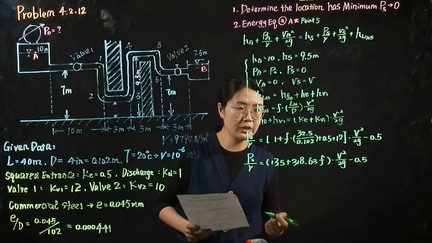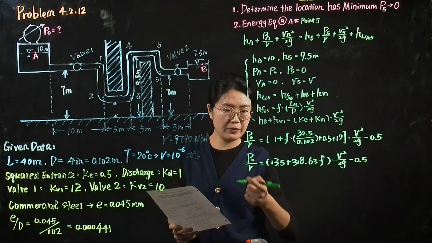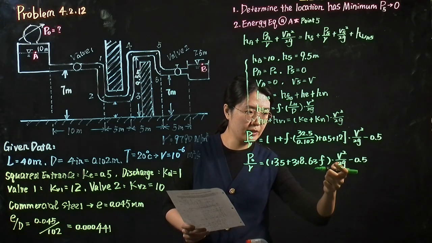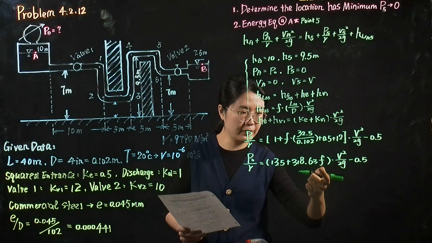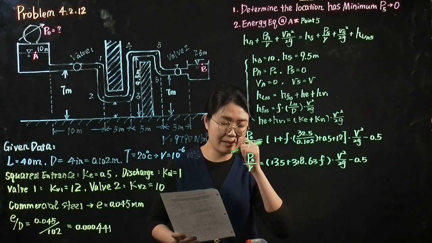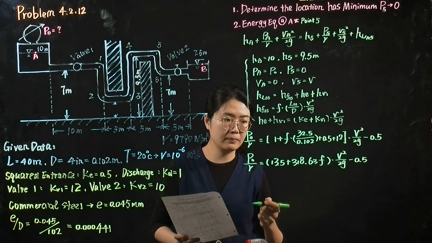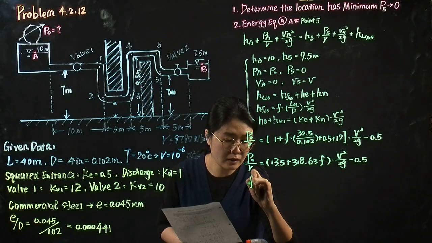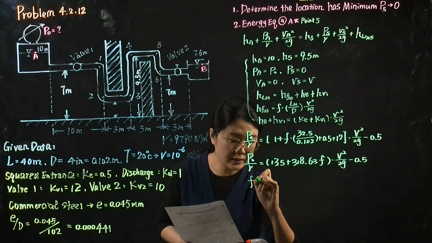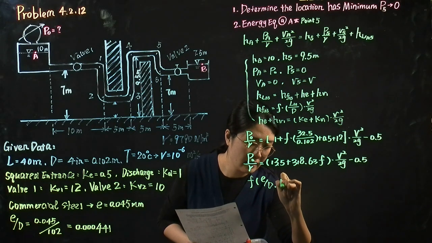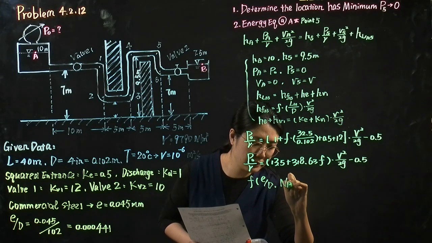So in this equation, we have three unknowns: the pressure P0, the velocity, and the friction factor. Because P0 is the parameter that we need to calculate in our problem, let's take a look at the friction factor. The friction factor is related to the relative roughness and the Reynolds number.